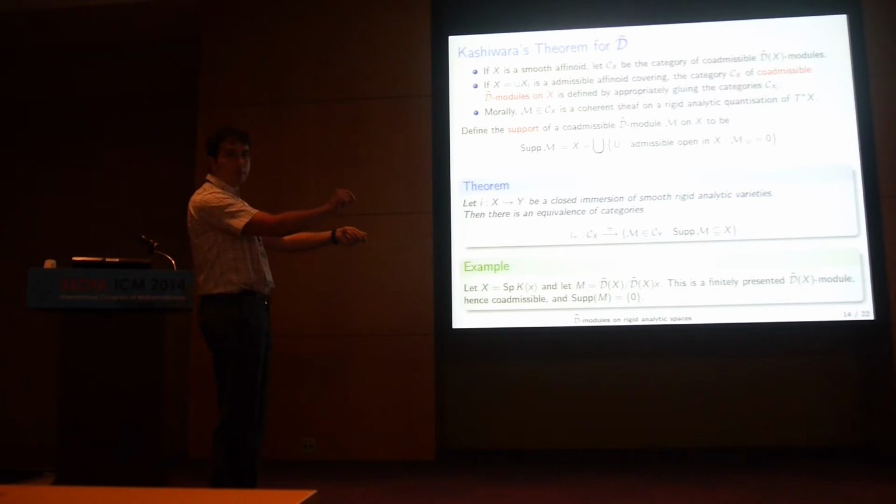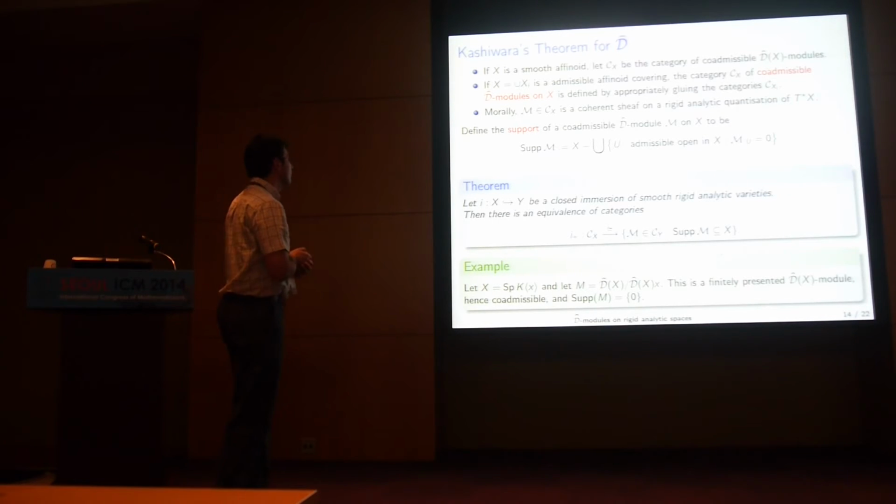Now, coadmissible Dhat modules on a point are just finite dimensional vector spaces. That's a nice small category. And so here's something that corresponds to a one-dimensional skyscraper sheaf supported at 0, so it's some kind of delta function. Okay, so that's the basic theory of Dhat.